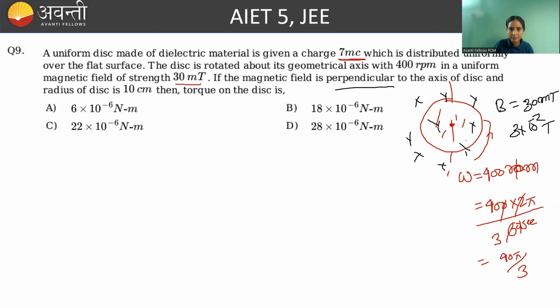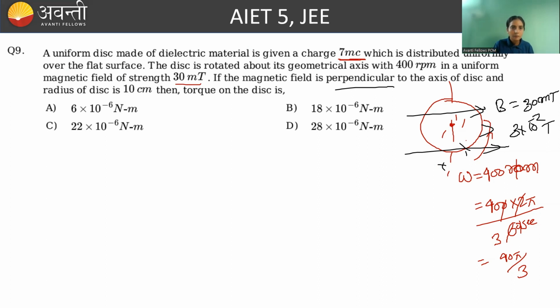So don't take the magnetic field direction like this. Let's call the magnetic field this. Okay? The one I have drawn previously is not correct, because in the question it is given that the magnetic field is perpendicular to the axis of rotation, and the previous direction was parallel to the axis of rotation.